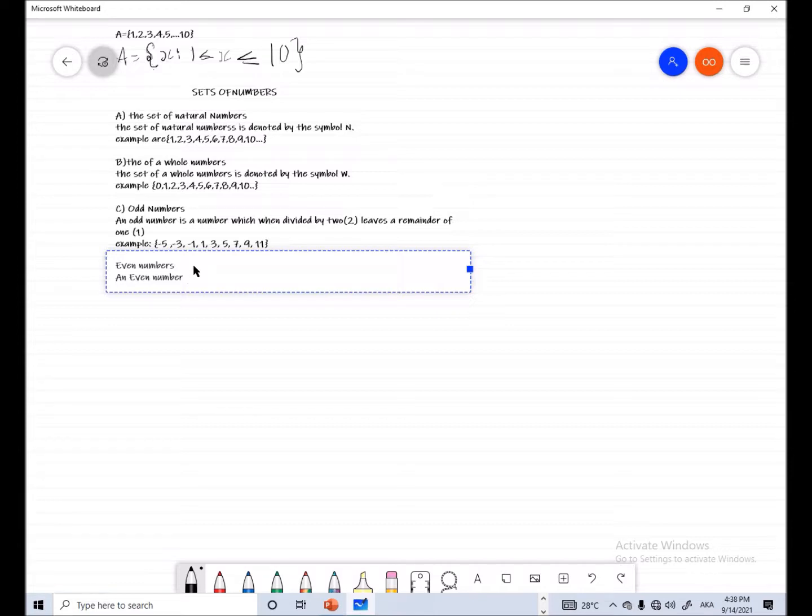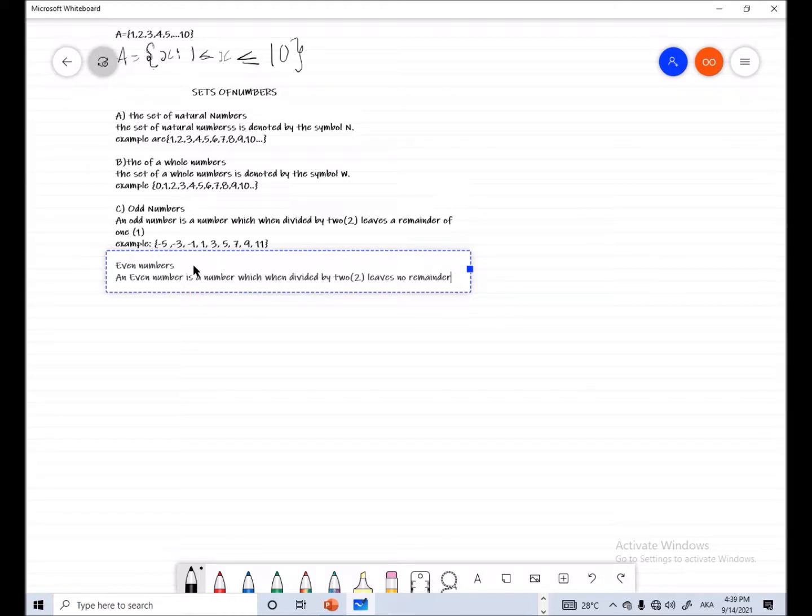An even number is a number which, when divided by 2, leaves no remainder. So that is an even number.